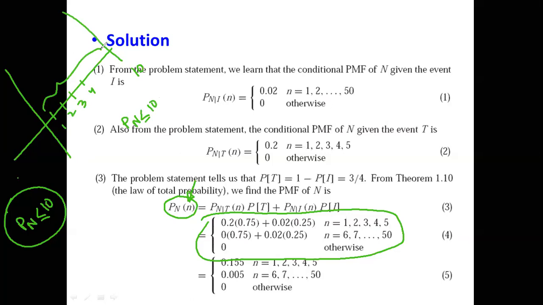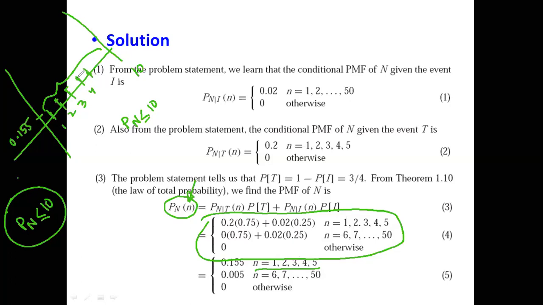Actually, n is from 1, 2, 3, 4, 5, 6, 7, 8, 9, 10, 11, 12, many things. But up to 1 to 5, look at that probability of n. Up to 1 to 5, we have a probability of 0.155. So these are with 0.155 probability.